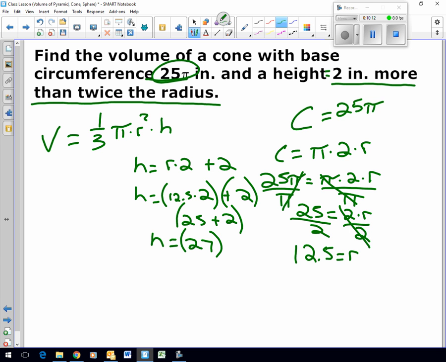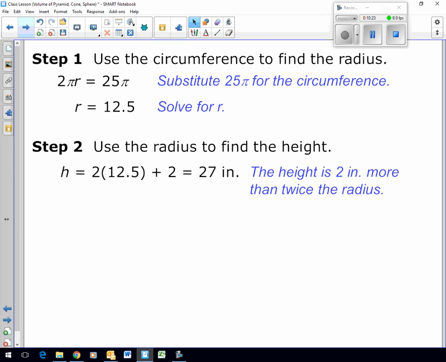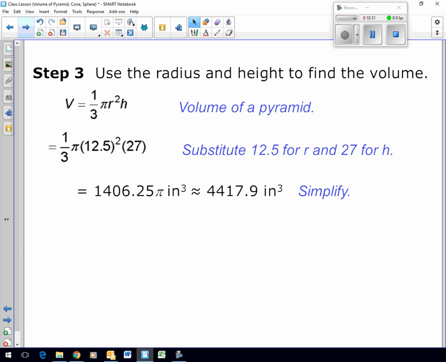All right. Now you've got a radius and a height. Plug those in. We just did all this. So use the circumference to find the radius. Use the radius to find the height. Plug it in. 1/3 pi times 12.5 squared times 27 should get approximately 1406.25 pi, or 4,417.9.